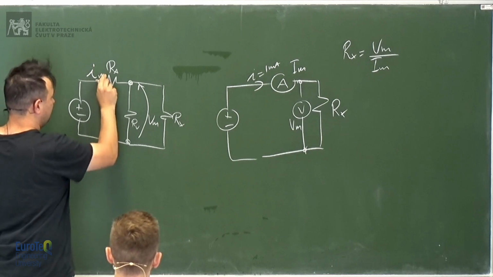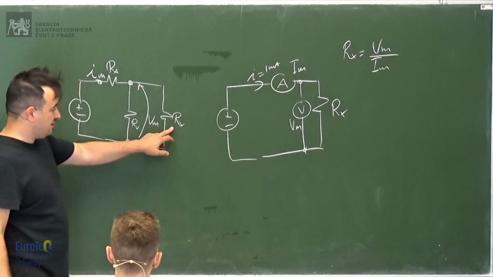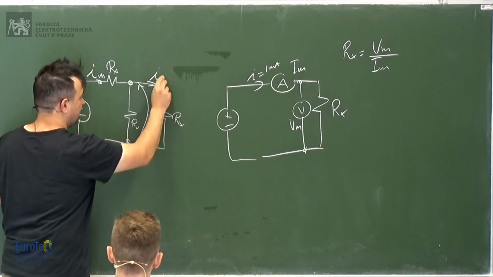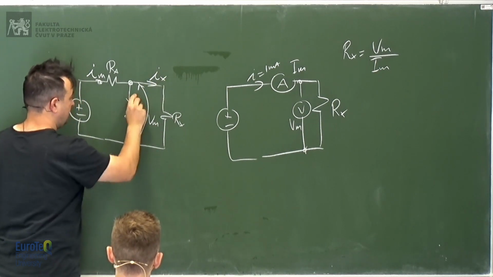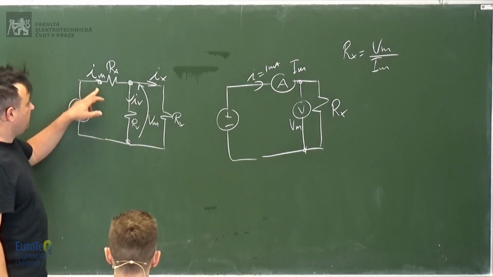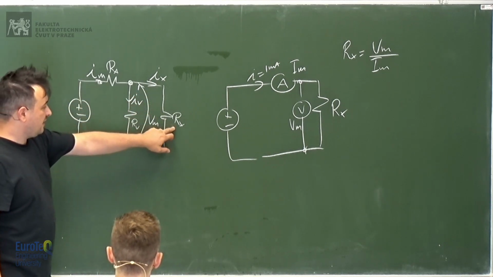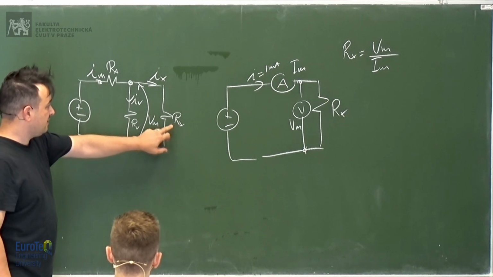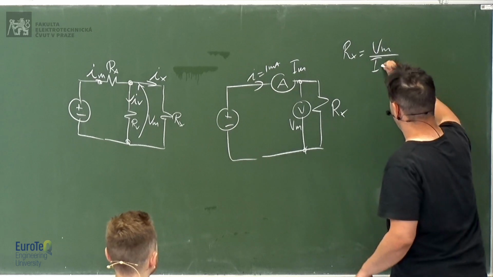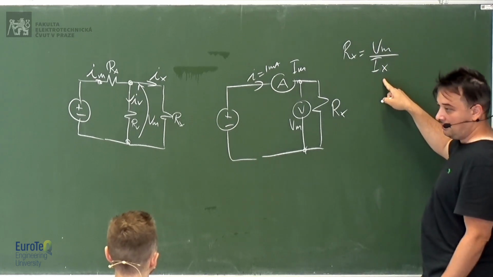But the current is not the current in the resistance that you want to measure. It is the current, let's say, Ix plus the current in the voltmeter, okay? So if you want the current in the resistance X, you have to consider here, in this equation, Ix, okay?